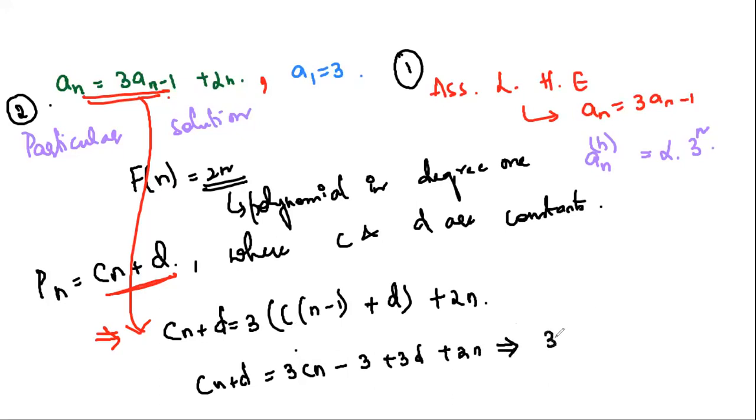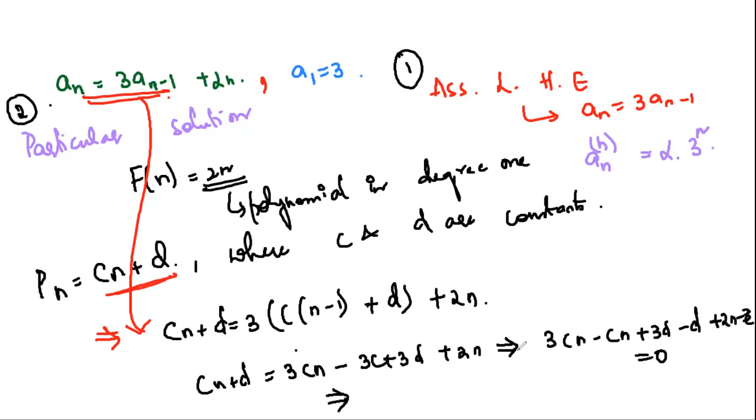So we will have 3cn minus cn plus 3d minus d, since here we have a plus, this will change to minus, plus 2n, and when we multiply c, minus 3c is equal to 0.